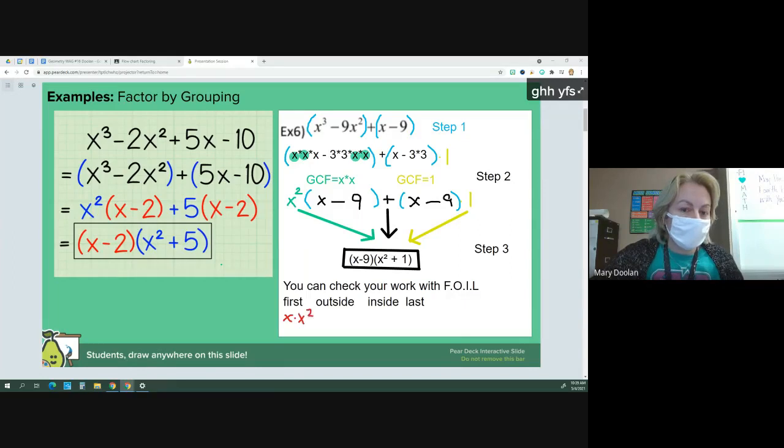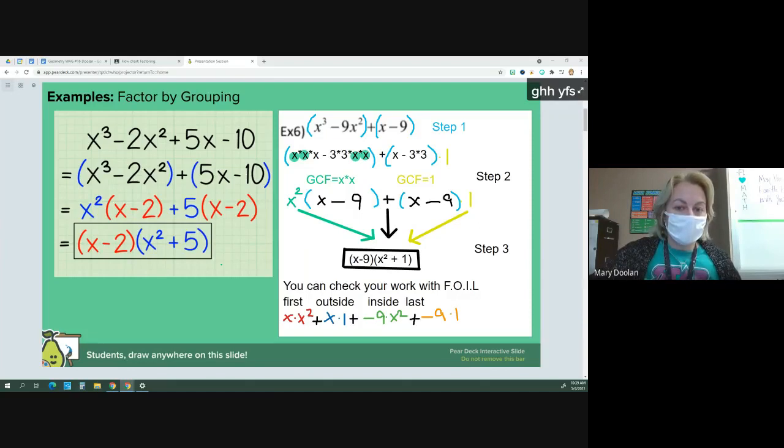If I look at the outside terms, that would be x and 1. If I look at the inside terms, that gives me negative 9 times x squared. If I look at the last terms, that's negative 9 times 1. And these are being added together. Okay, so these would be the 4 terms of your polynomial after you multiply.